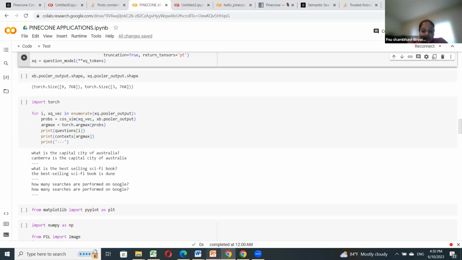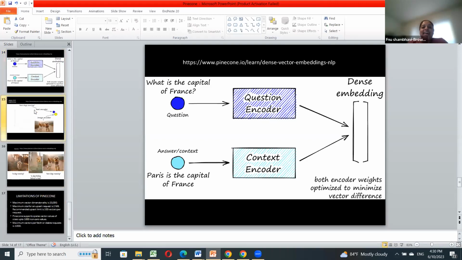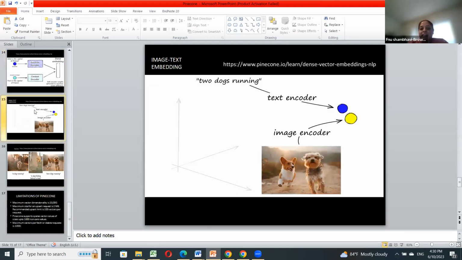Okay, another application, which I think is my favorite, is that we can use image text embedding. You can take an image and a text, and it would do the same function.